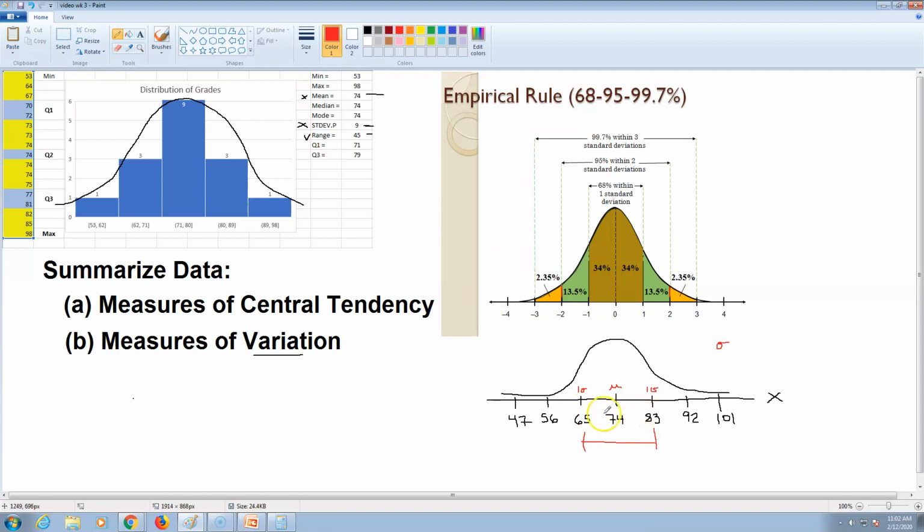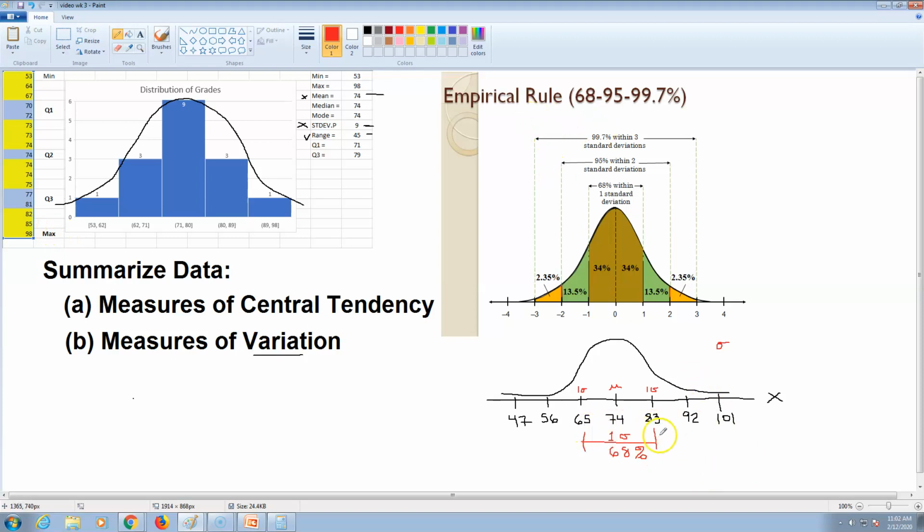That's what we call one standard deviation because the standard deviation is 9. So that's what I'm going to write here, 1 sigma, one standard deviation. I counted by 9 one time to the right and one time to the left. 68% of all of these 17 numbers that I have here are between 65 and 83.